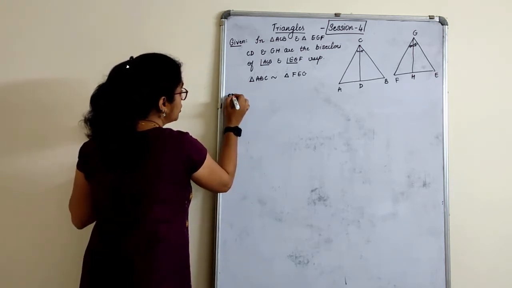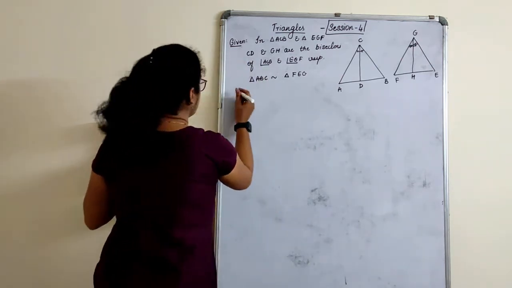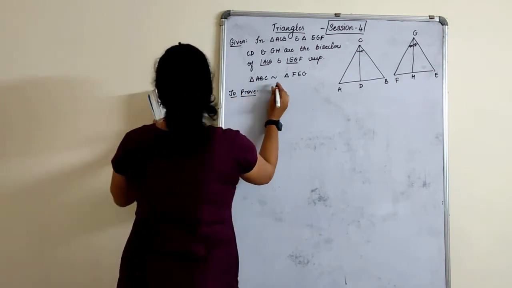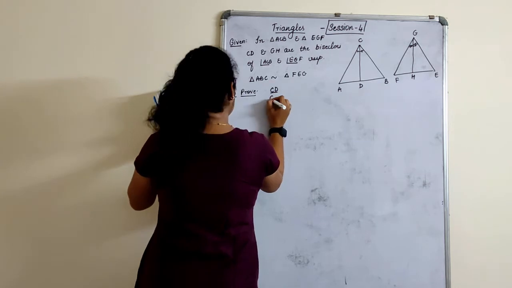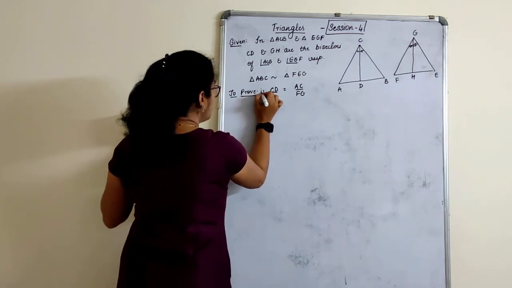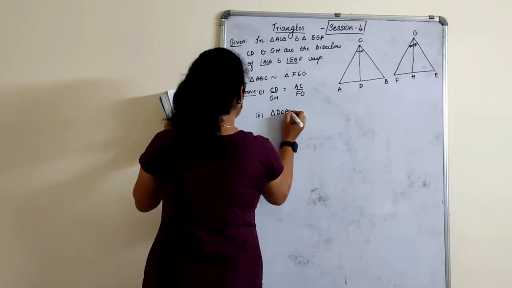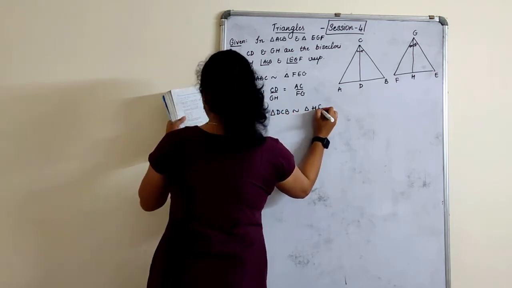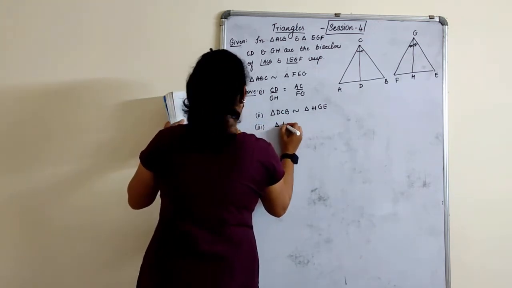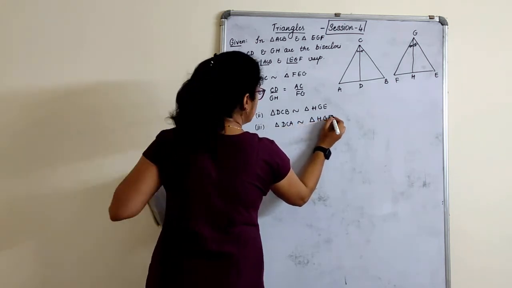Let's start with what you have to prove. Three things we have to prove here. One is the proportional side, that is CD by GH is equal to AC by FG. Second, triangle DCB is similar to triangle HGE. Third, triangle DCA is similar to triangle HGF.